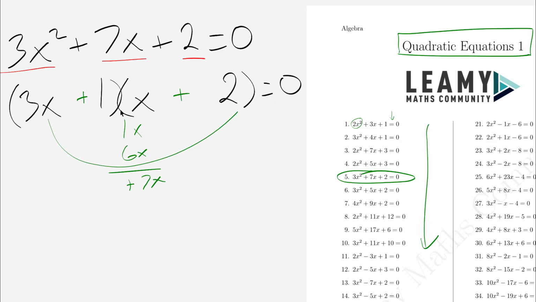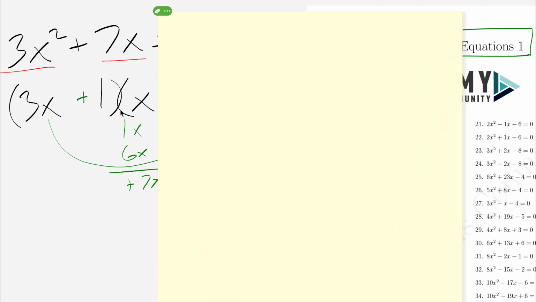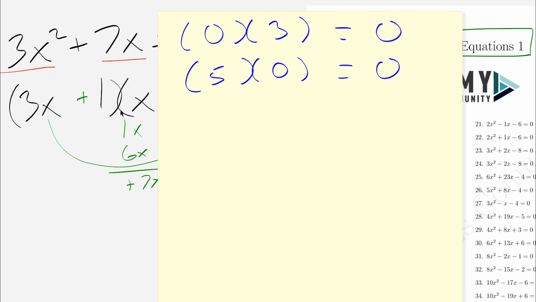Now, the logic here, it's very important we understand it. So I like to ask my students, give me an example of 2 numbers that multiply to give you 0. And I'll get answers like, okay, if you multiply 0 by 3, you'll get 0. If you multiply 5 by 0, you'll get 0. So we already know that any number multiplied by 0 is 0.